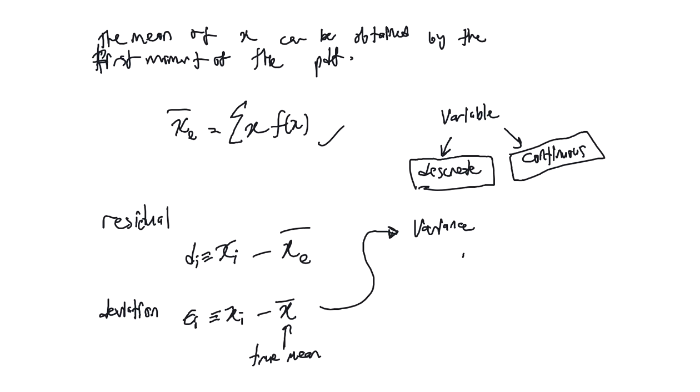So the deviation is squared: xi minus the true mean, squared, i from 1 until n, divided by the total number of measurements. The symbol is s square.